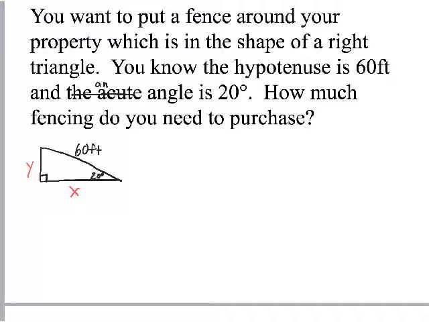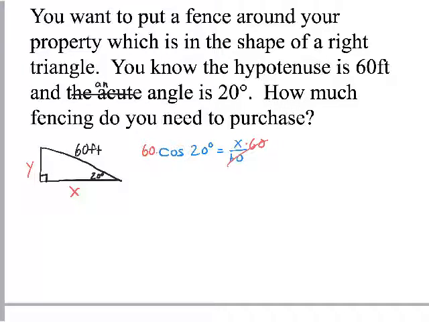Well, I want to use trig. If I'm using 20 degrees and I want to use x, x is your adjacent and this is your hypotenuse. So what is adjacent and hypotenuse? It is cosine. So cosine 20 degrees is equal to adjacent over hypotenuse, and I'm going to solve it for x.